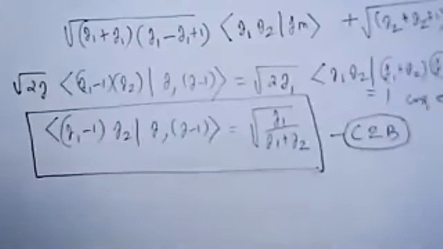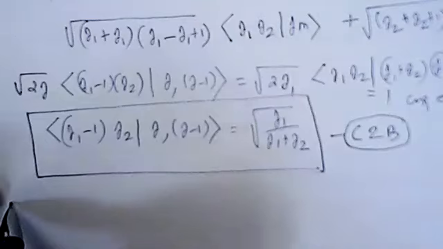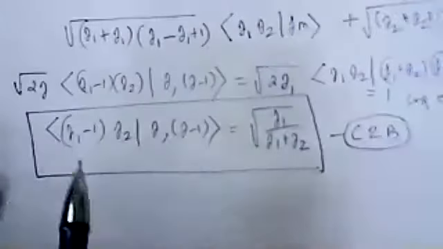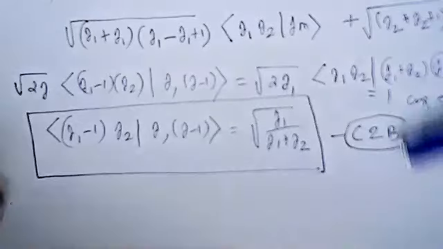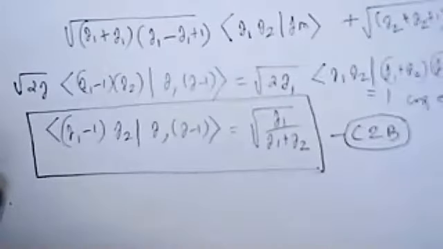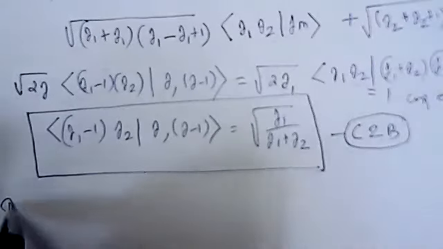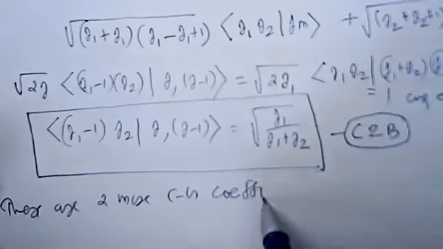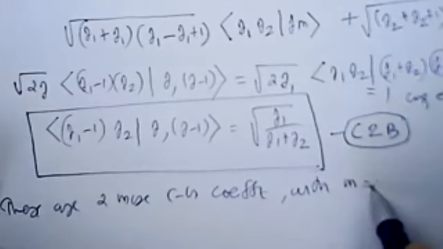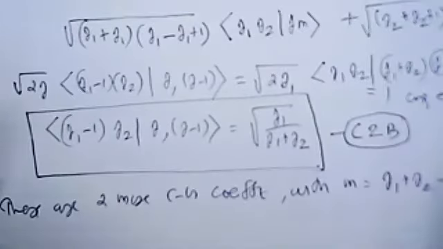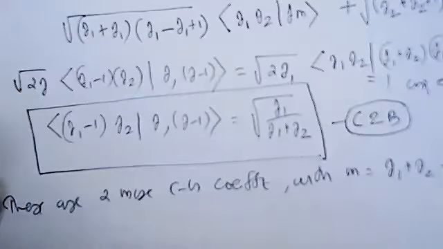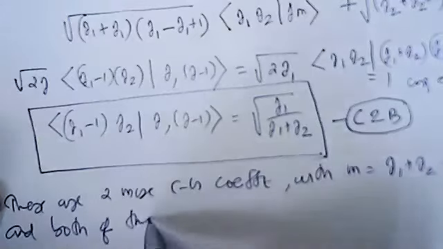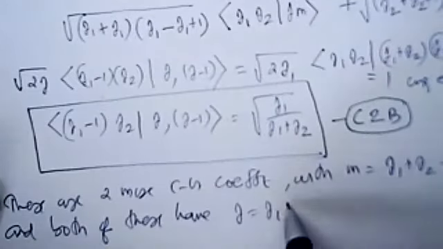Now we have two more Clebsch-Gordan coefficients for m equal to j1 plus j2 minus 1, and both of these have j equal to j1 plus j2 minus 1.